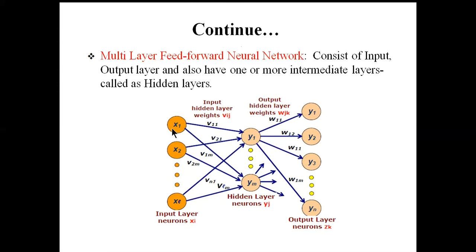Okay, so here the signal initially goes from the input neurons to the hidden layer neurons, and from there it goes to the output layer neurons. Okay, and similar to the earlier cases, for all of the incoming inputs there is an accumulator section and threshold activation function, and there is a bias already.